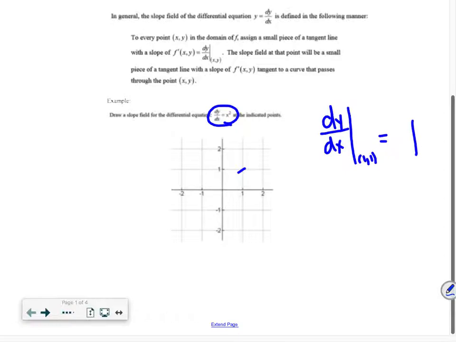Nice. Okay. What's the slope at (1, 0)? One. How about (1, 2)? What is our slope at (0, 0)? 0. (0, 1). (2, 0).